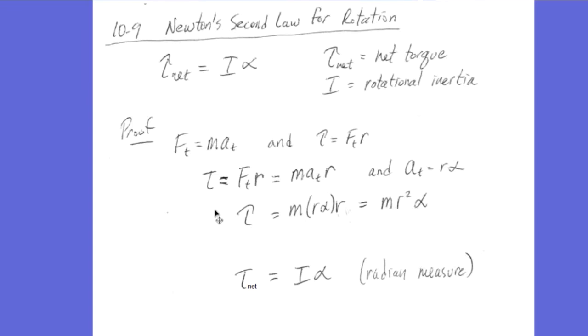When we say the net torque, it's the sum of all the torques, and we know that the sum of all the mr squareds is the moment of inertia I. And so we prove that the net torque is equal to moment of inertia I times angular acceleration alpha.